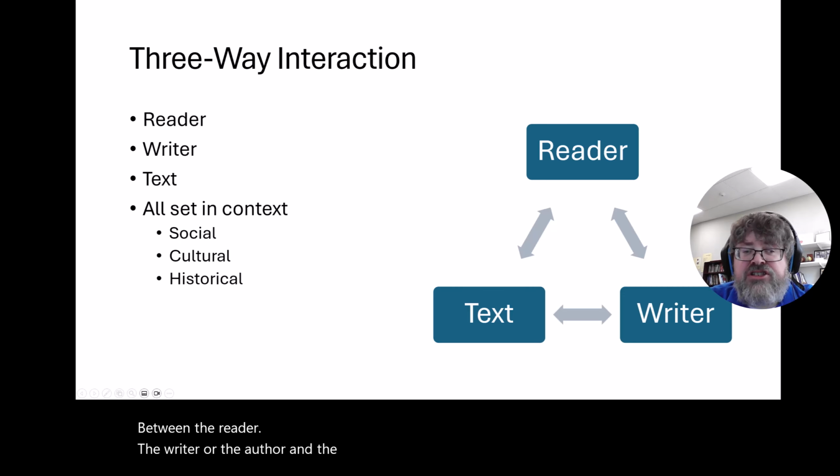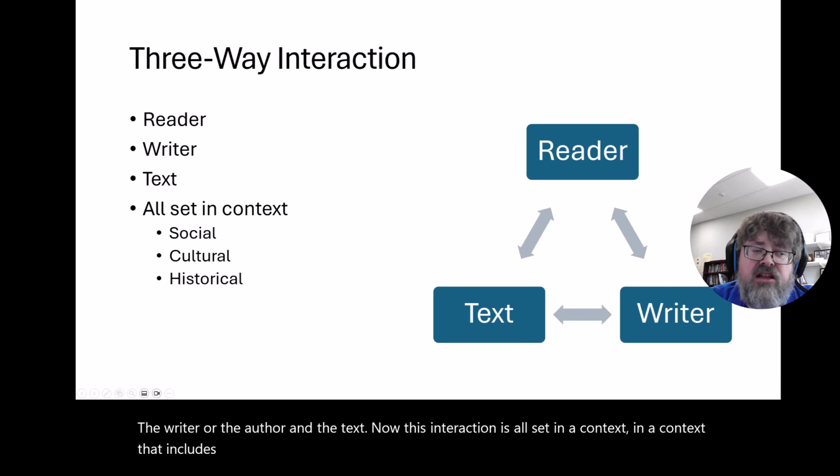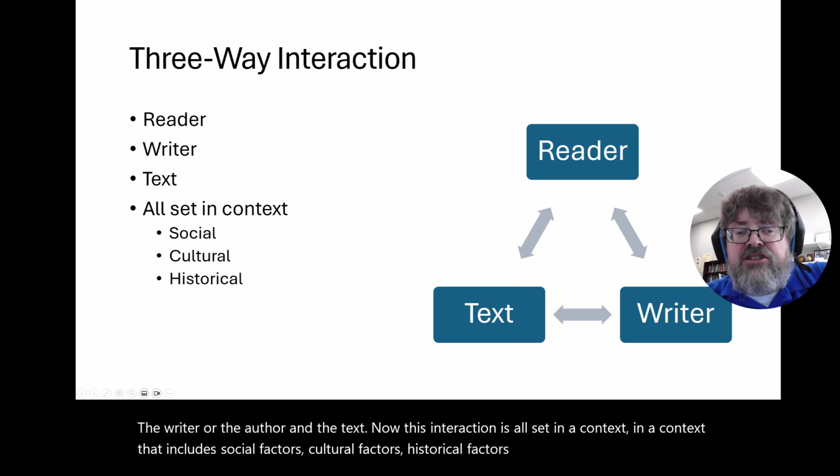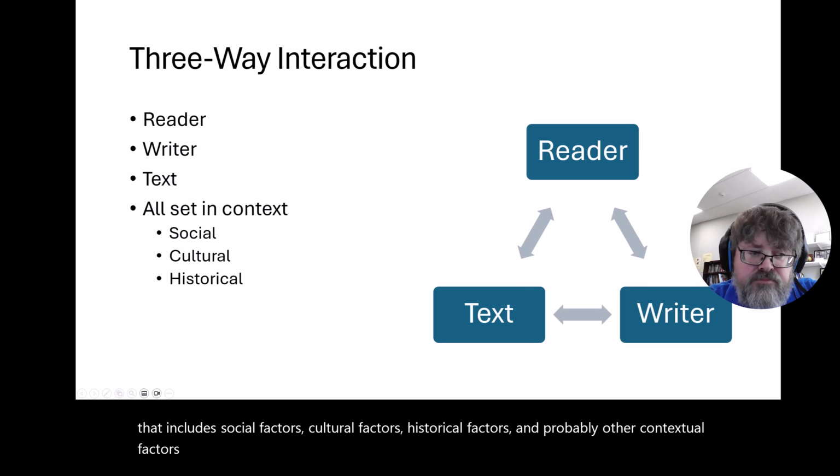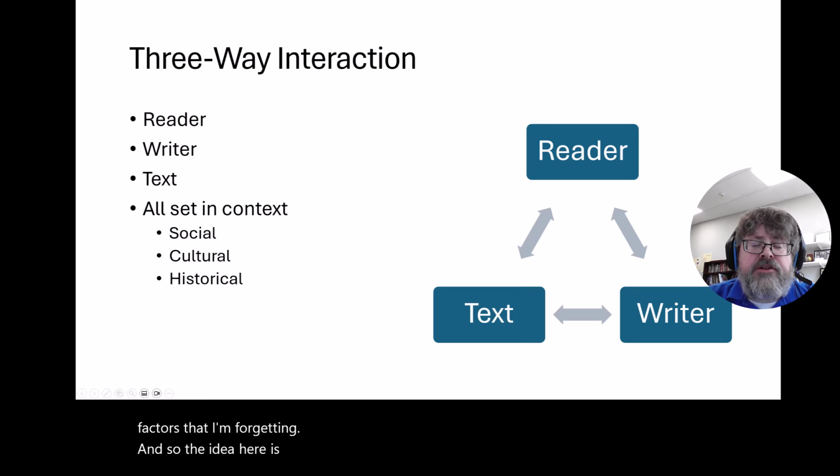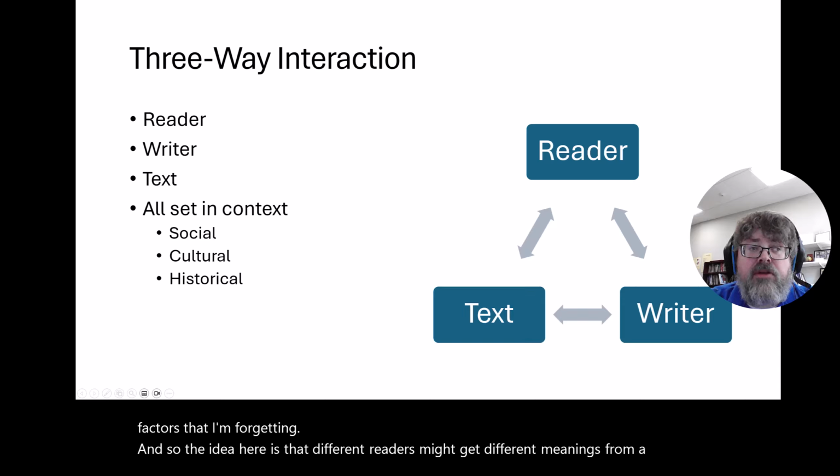Now, this interaction is all set in a context that includes social factors, cultural factors, historical factors, and probably other contextual factors that I'm forgetting. And so the idea here is that different readers might get different meanings from a text, and that's okay.